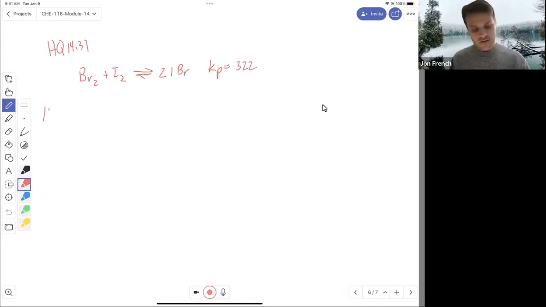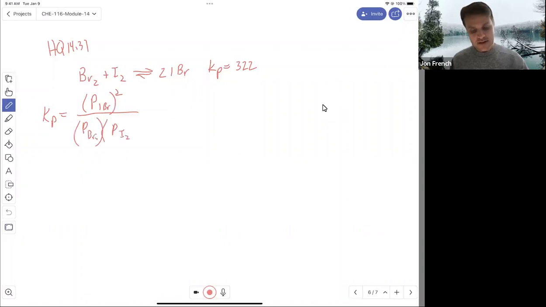All right, our Kp expression would be the partial pressure of iodobromine squared over the partial pressure of bromine times the partial pressure of iodine.